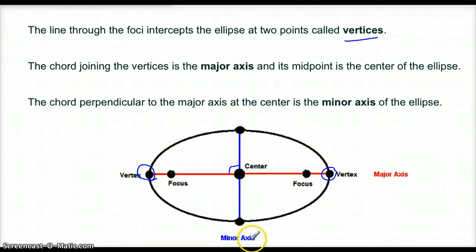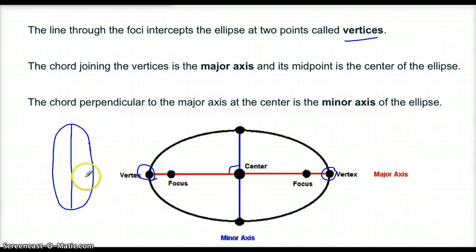That is our minor axis. The major axis will always be longer than the minor axis. It is possible to have an ellipse that is oriented that way, in which case this would be your major axis, and this would be your minor axis.